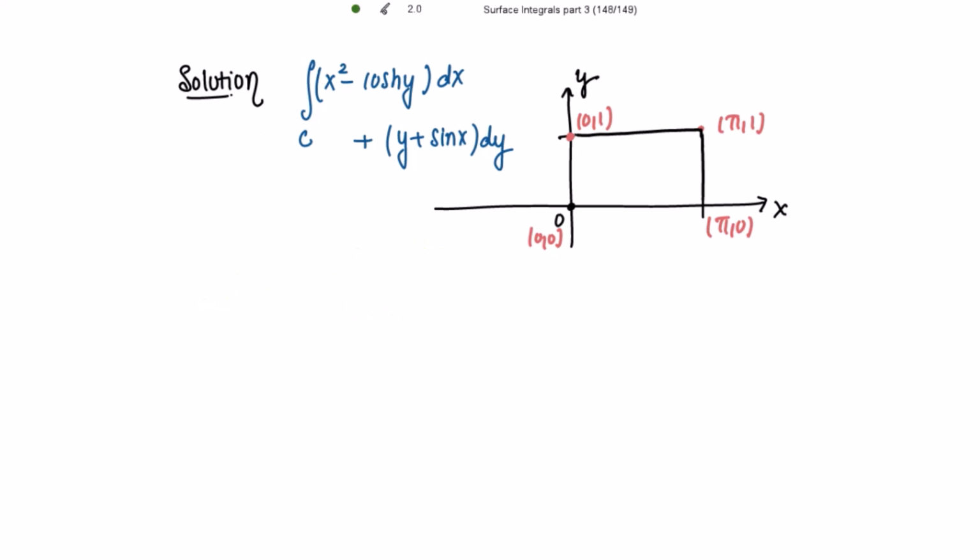Let me write this: let R be the region enclosed by the curve C, that is, the rectangle.